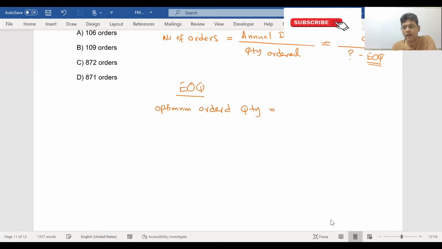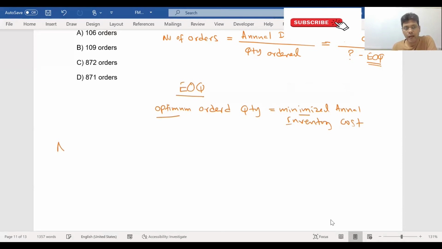That will minimize our annual inventory cost. This optimum order quantity should minimize our annual inventory cost.